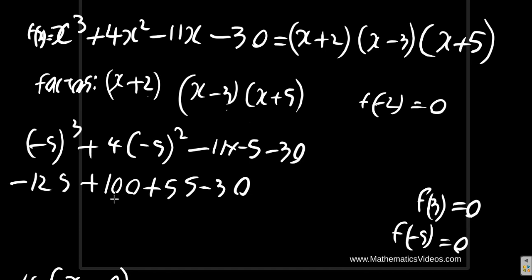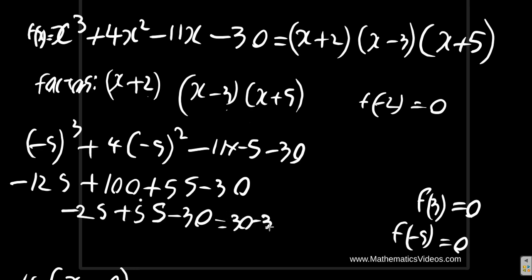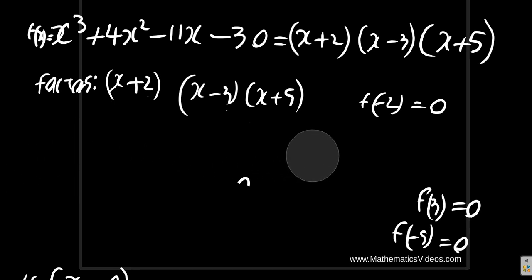So negative 125 plus 100 would be negative 25. Negative 25 plus 55 minus 30. Negative 25 plus 55 is 30, so you get 30 minus 30 equals 0. Alright? So substitute x for any of those, you get 0.